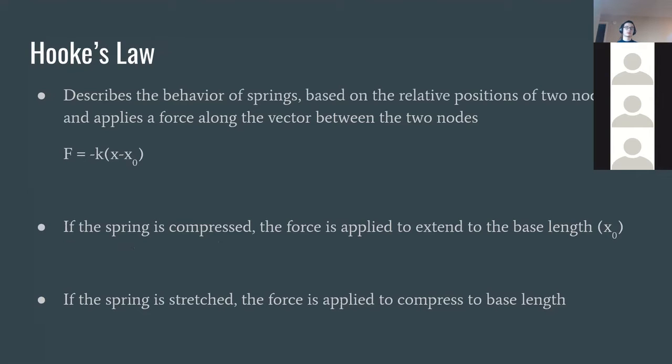As you'll see, there's some length that is established just by the initial positioning, and as the length of that edge varies with respect to that base length, a compressed edge is going to apply a force to extend back to the base length. Correspondingly, if it's stretched, it's going to try to compress back to the base length.